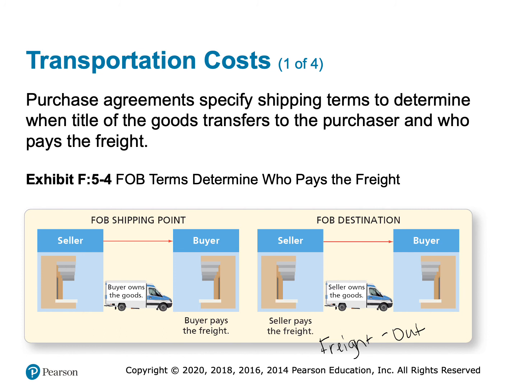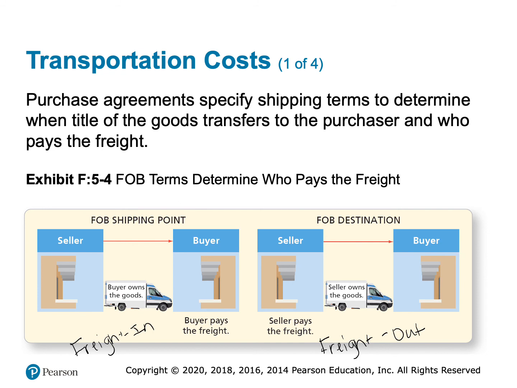Now, if you have to pay the shipping cost as the buyer, this is called freight in. Freight in is not an expense. Remember, inventory is an asset and all assets are recorded at their historical cost.